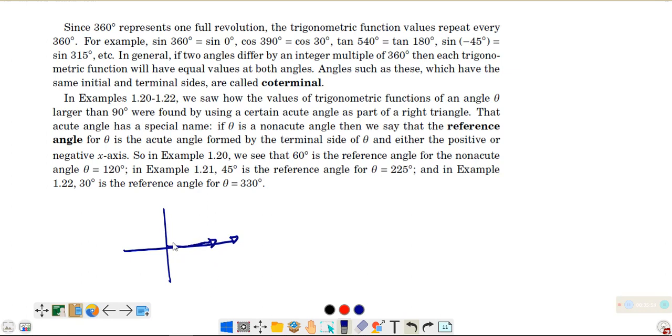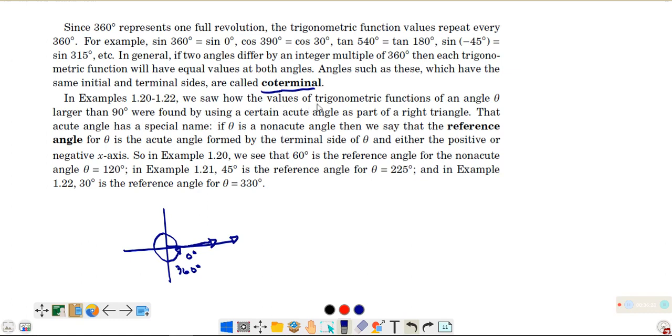So, ito yung terminal side niya. This is 0 degrees. And this will coincide with the one na nag-move. Nakabuo ng isang complete na revolution, 360 degrees. Parehas sila na maglalay ang terminal side on the positive x-axis. So, if you have two angles with the same terminal side, we call them coterminal angles.